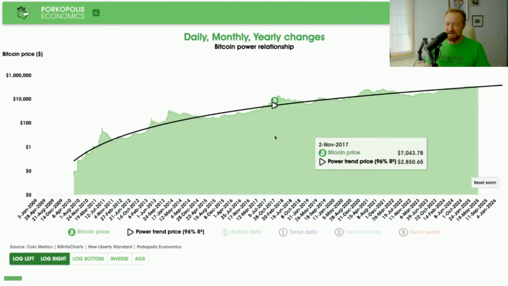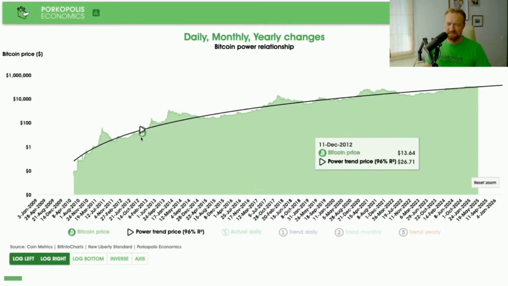I've been looking at it recently, not too long. If you break down the tranches of how the power curve looks over time, involving the daily price changes versus the monthly versus the annual price changes, you can even get a little bit of a valuation range going. So I'll show you exactly what I mean here.